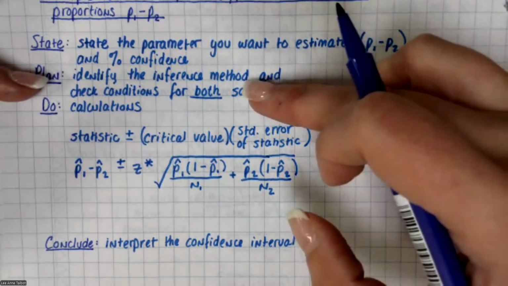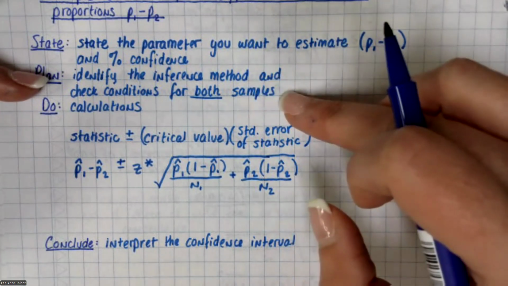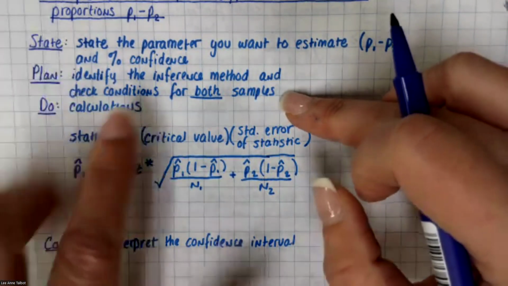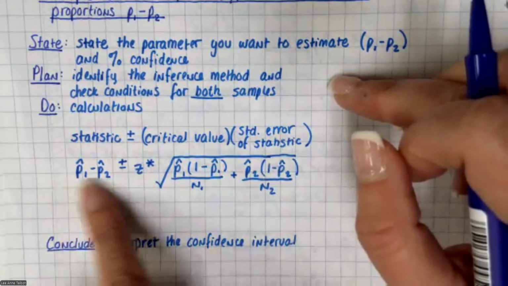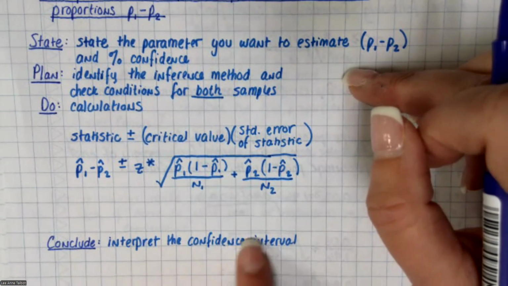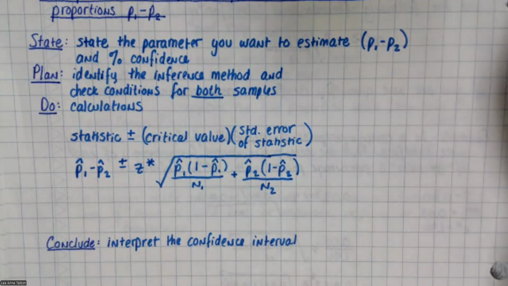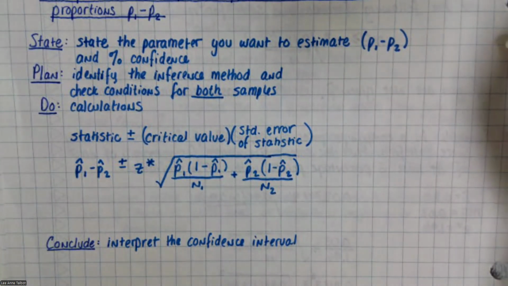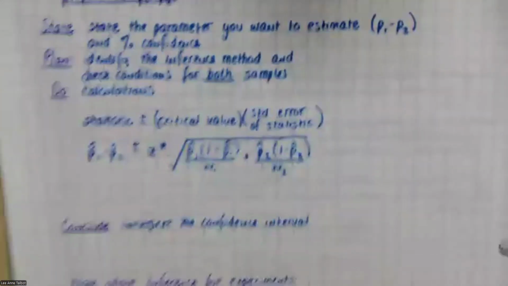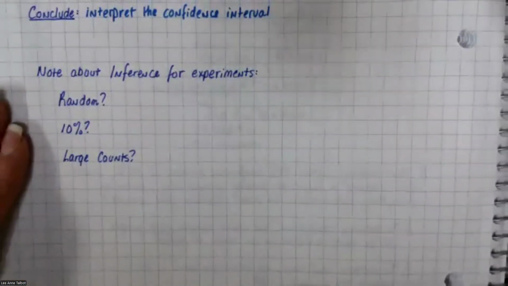You're going to say what you're going to do and check the conditions. Do. You're going to calculate the confidence interval. Conclude. You're going to write the conclusion sentence for interpreting the confidence interval. Okay. Only way to learn this is to practice it. So we're going to do an example next, but before that, we have this little bit.